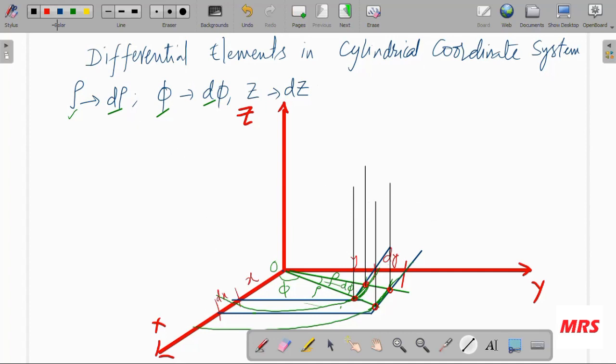Now joining all the 4 points, these two lines are parallel to the y-axis, and there will be two curves. Joining these 2 points, you are going to get two curves, and all these 4 points are projecting to z.